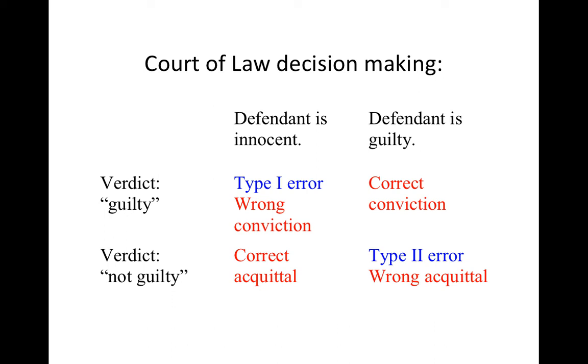Most people would think that a wrongful conviction is a more serious error than a wrong acquittal. So we don't have to be convinced beyond a reasonable doubt that someone is innocent, because wrongly deciding that someone is innocent is considered a less severe error than wrongly deciding someone is guilty.